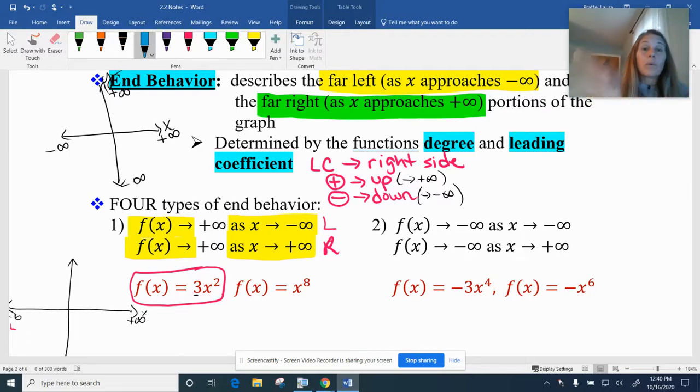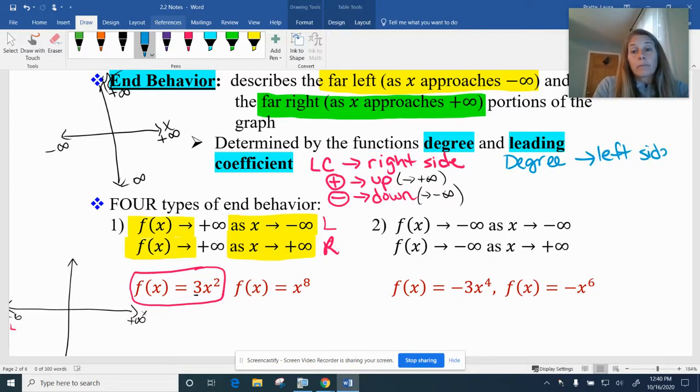Okay, so then let's talk about how we determine the left side. So that's going to be the degree. So the degree is going to determine your left side. So if your degree is an even number, okay, the left side of your graph is going to do the same as the right.